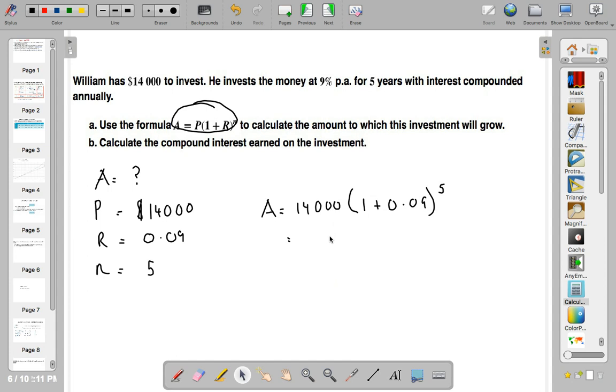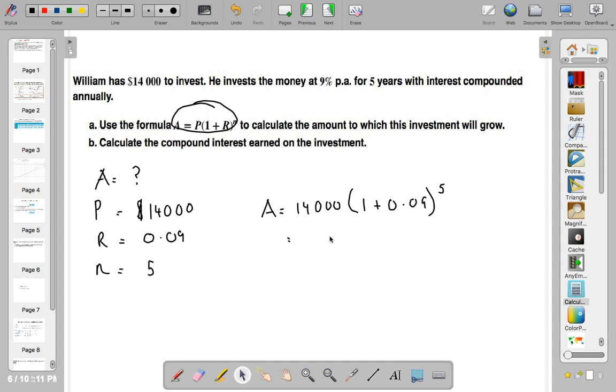Let's have a look at this question. In class, of course, you'll have all sorts of different types of calculators, so I can give you a hand with whatever you need. I'm putting this in: 14,000, open brackets, 1 plus 0.09, close brackets, raised to the power of 5. Let's do that again, I mucked it up.